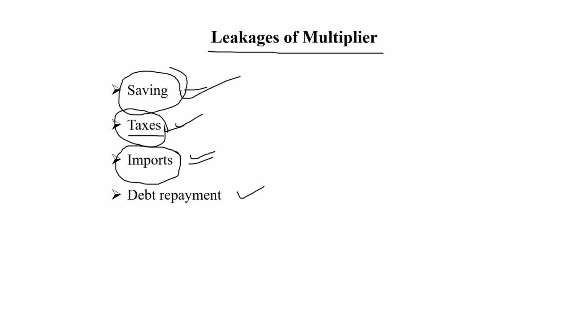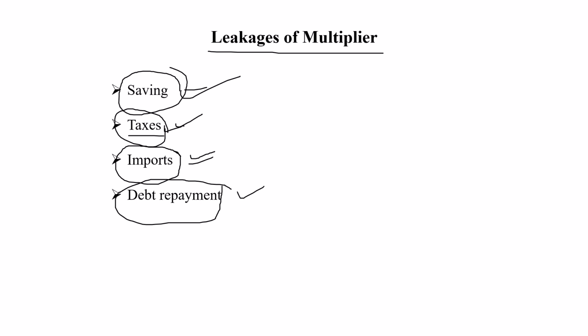And the next point is debt repayment. A person or a firm uses most of its income for debt repayment instead of consumption.